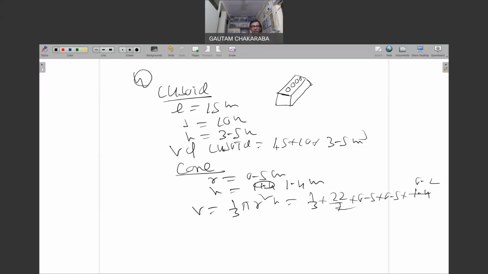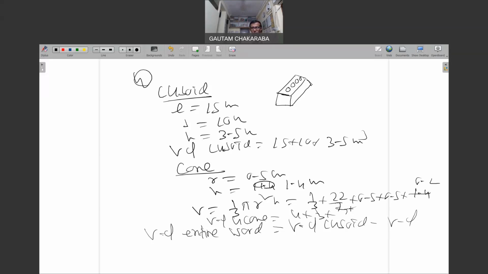After calculation you find the volume of the entire solid: volume of cuboid minus volume of cone. This is the volume of each cone, and volume of 4 cones is multiplied by 4. That is the volume of the entire wood.